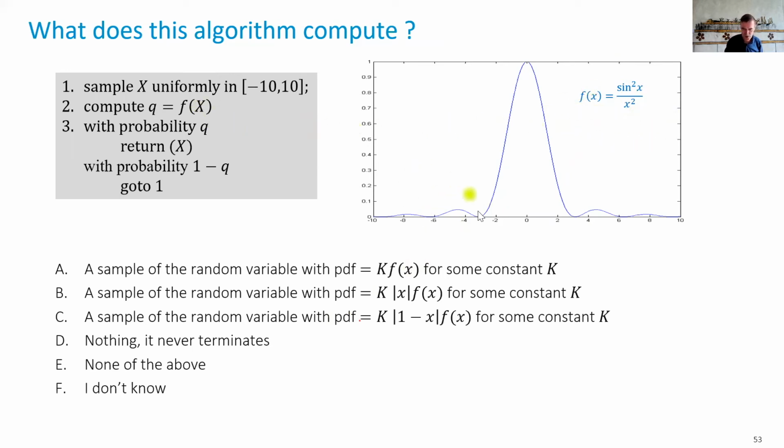So I compute this weird thing here, and with the probability equal to that, I return x. Otherwise, with probability 1 minus q, I do it again. So it's not exactly in the form I gave before. What is this algorithm computing?